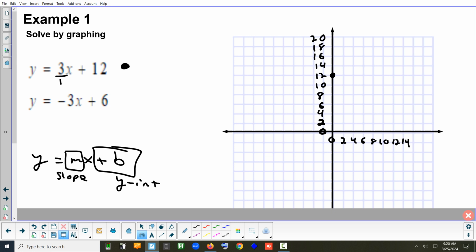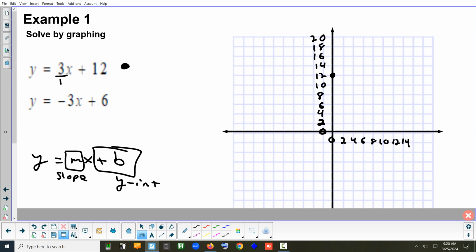Okay, so Lily, from 12, how do I get to another dot? So how do we graph this line? I just want to graph y equals 3x plus 12, and I got my y-intercept already.